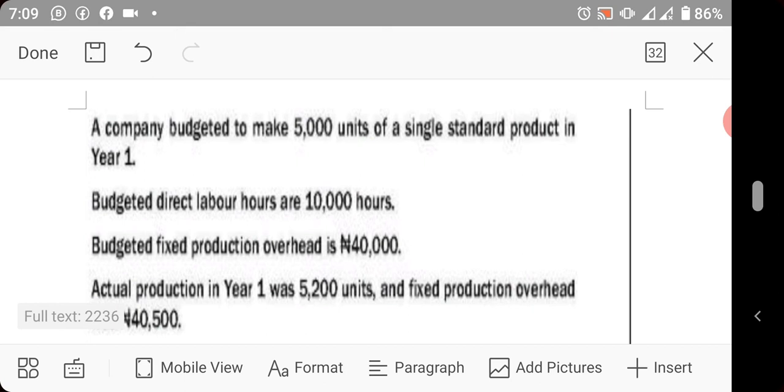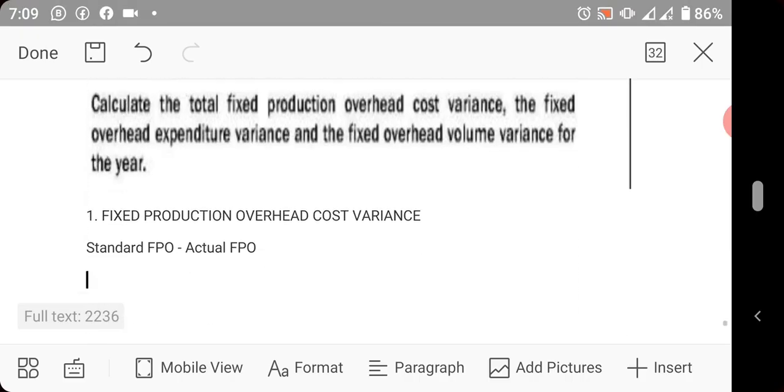So 4 naira multiplied by 5,200 will give us what we are looking for. In that regard, we will have to calculate. I hope you bring your calculator. So we have 4 naira times 5,200, which gives us 41,600.